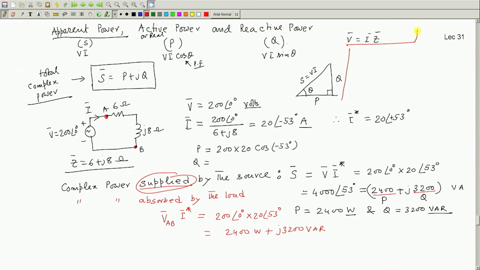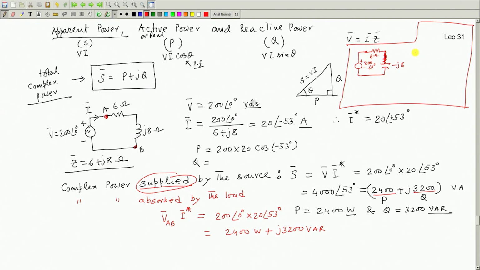If your circuit is reactive, 6 minus j8 ohm capacitance, and if your supply voltage is the same, 200 angle 0 degree volt, then everything will remain the same.